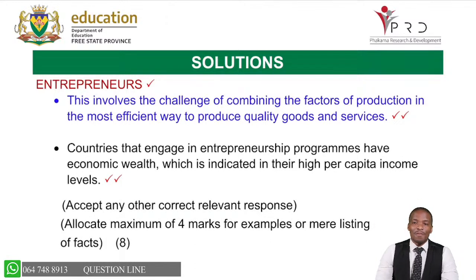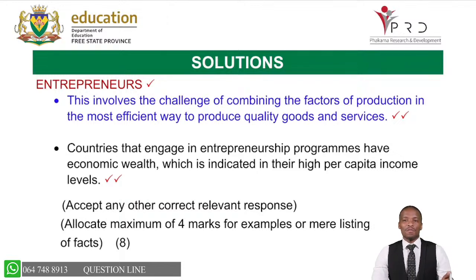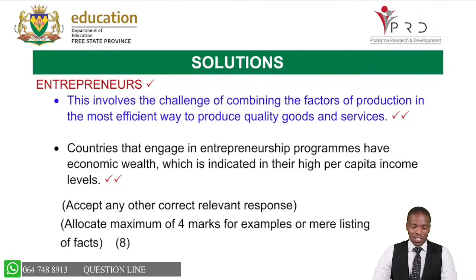So we have explained it, and then any other correct relevant answer, as long as you've mentioned the following factors. I repeat, the cost of doing business should be lowered, and then you discussed under that infrastructural services, free advisory services, privatization. All those things will give you marks.